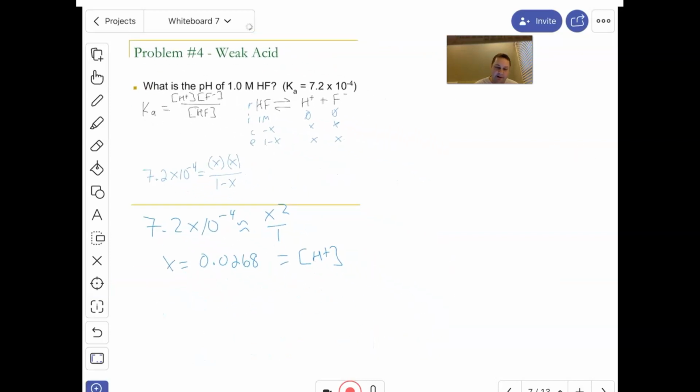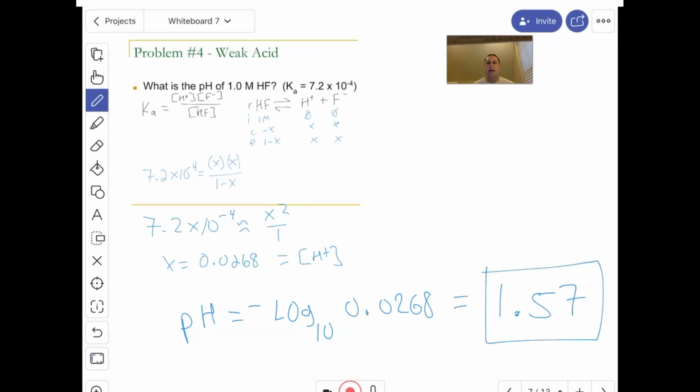Now if I want the pH, I'm going to do the negative log base 10 of H plus, which in this case is 0.0268, which is going to equal, let me pause and do that real quick. All right, I get an answer of 1.57. So we have to use the equilibrium calcs first to figure out what H plus is for a weak acid.